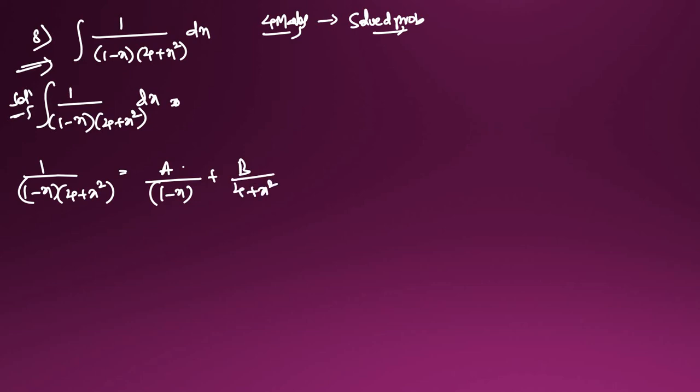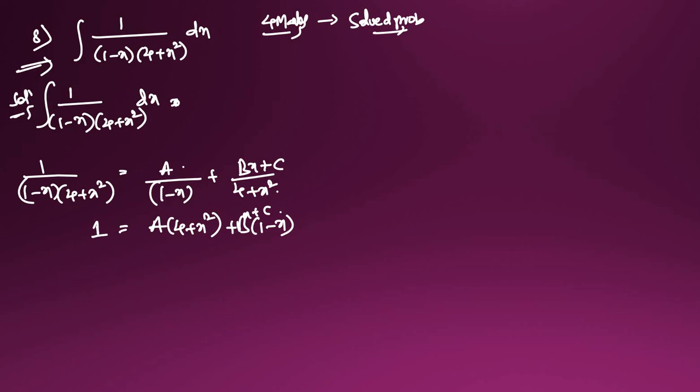Now it will become cross multiplication again. So a into 4 plus x square plus bx plus c into 1 minus x. We know the denominators will get cancelled, so this is equal to 1.